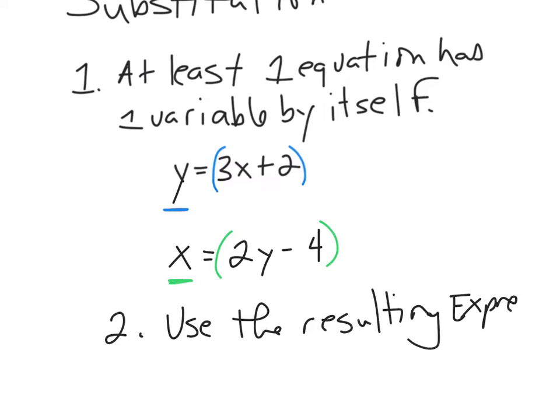Now, when we talk about the resulting expression, that is exactly like talking about this 3x plus 2, or in the second case, the 2y minus 4. So the resulting expression is the other side of the equal sign.